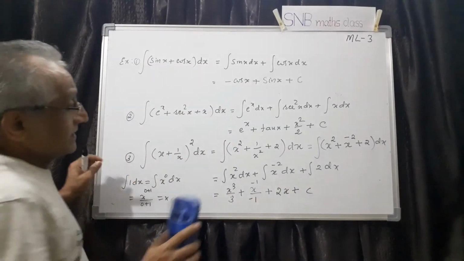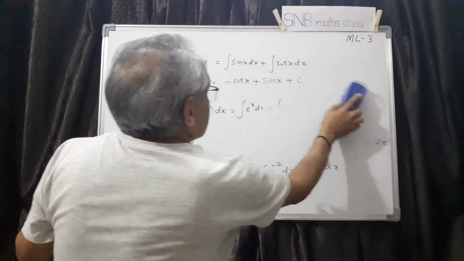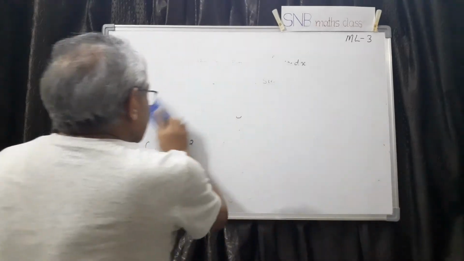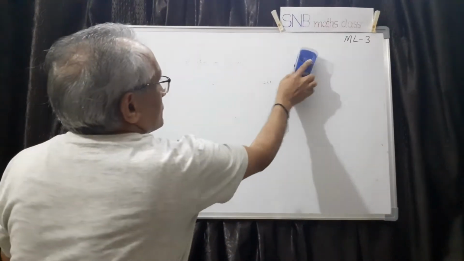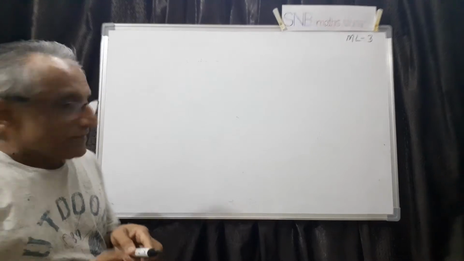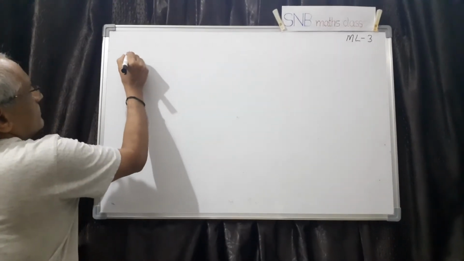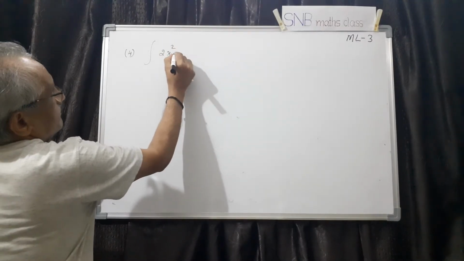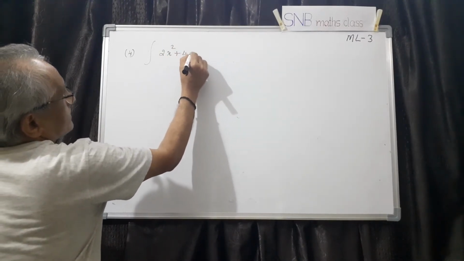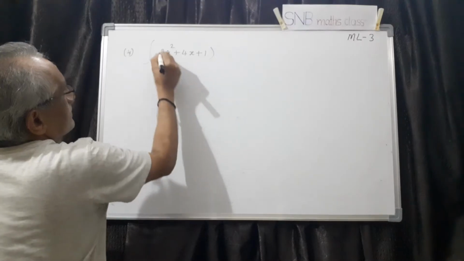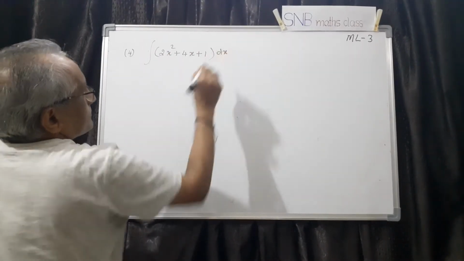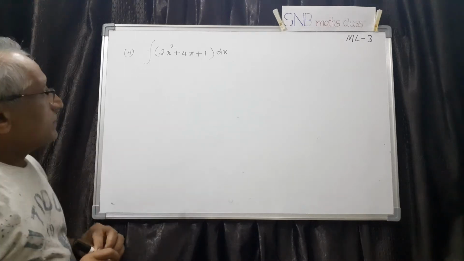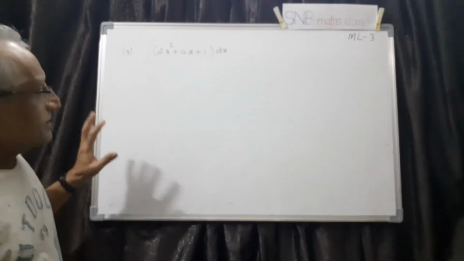So now let me take a few more examples before I take the exercise problem, taking all types of rules. Say for example, fourth example, let us take integration of 2x square plus 4x plus 1 dx. So now, how to do this one? Same method.